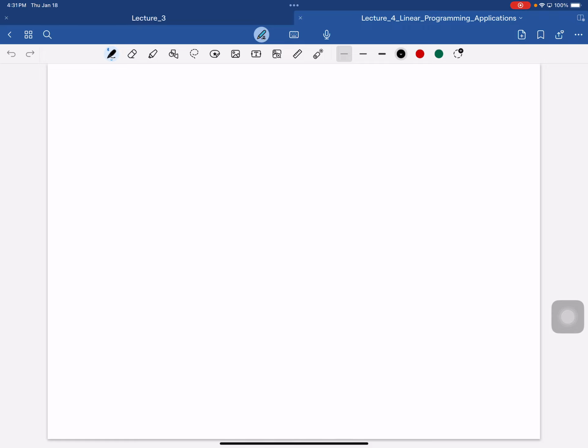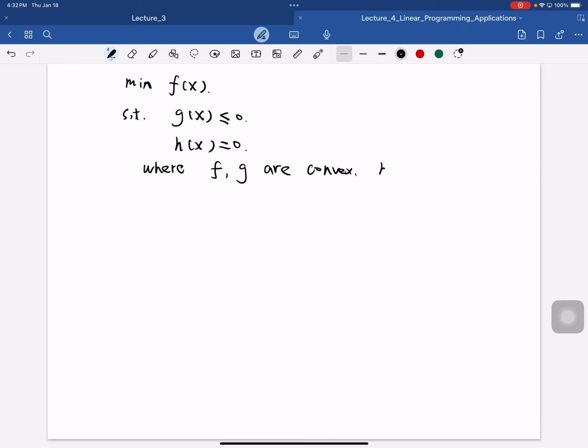So if you recall, a generic convex optimization problem is of this form. You have minimize f of x subject to g(x) less than or equal to 0 and h(x) equals 0, where f and g are convex, and h is linear, or usually people call it affine as well.